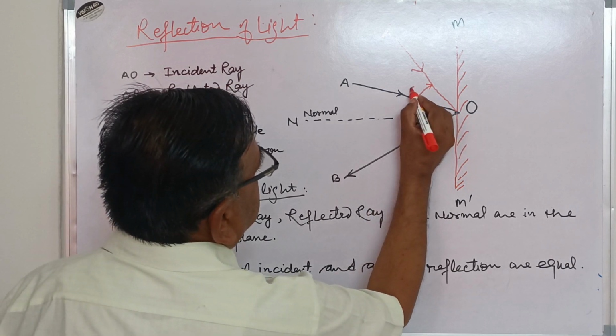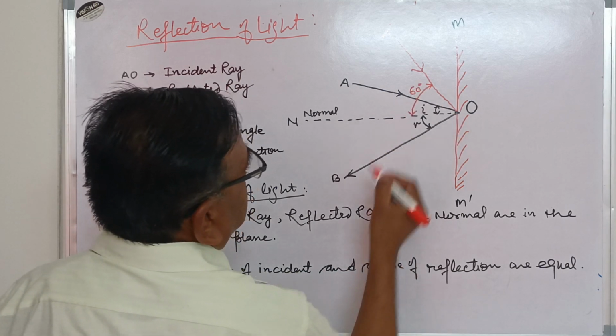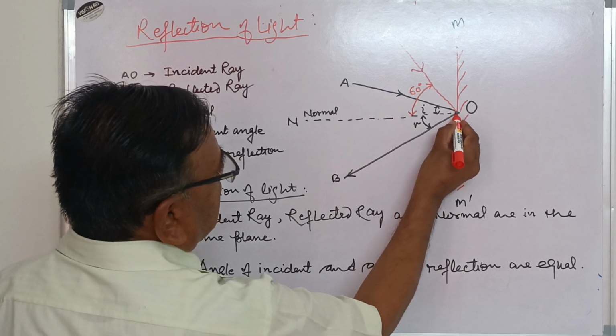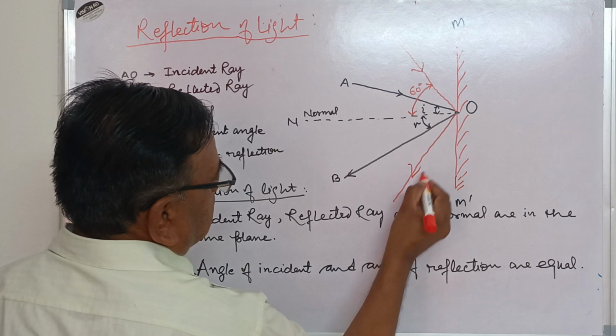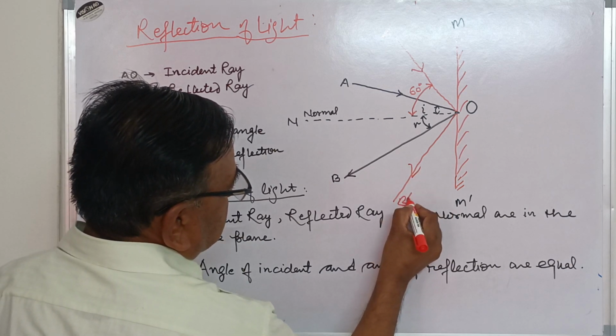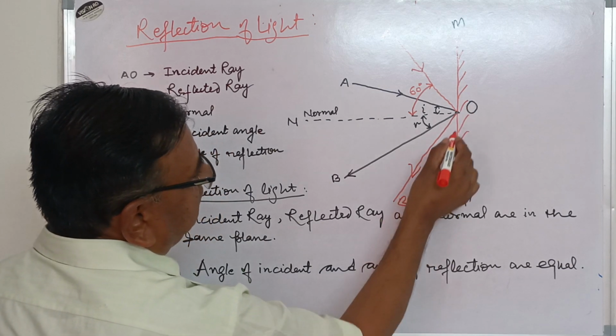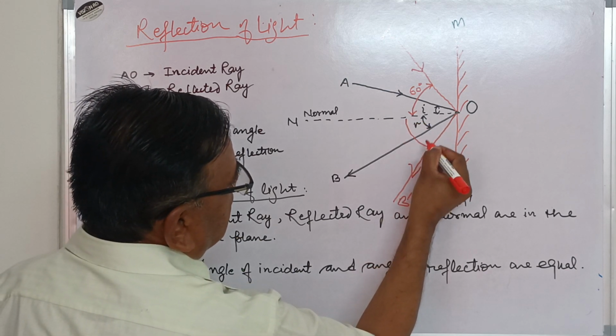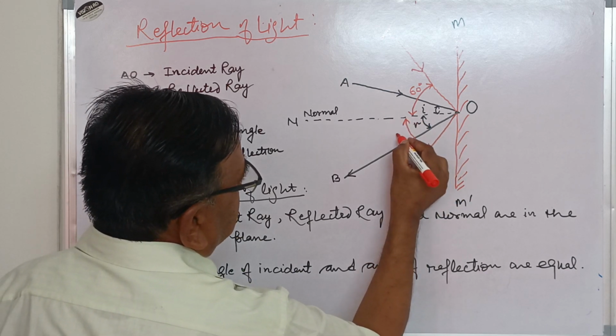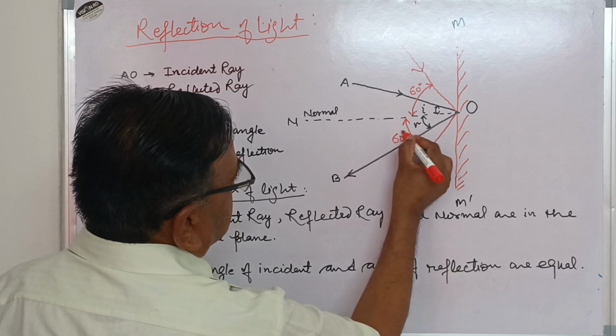Here say this is 60 degree. So the reflected ray, OB dash is the reflected ray. Then from the normal, say this angle of the reflected ray will also be 60 degree.